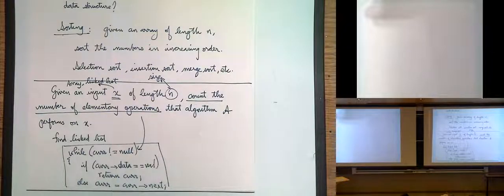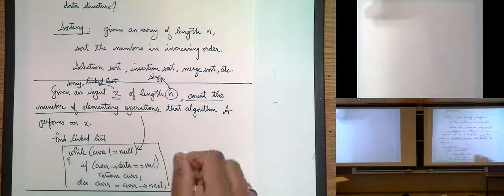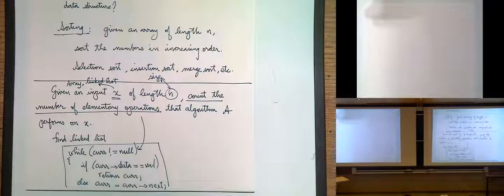Maybe, yeah? n times 3, or at most n times 3. It could be faster. If you're lucky, maybe it'll do it in 10 operations if the element you're trying to find is at the beginning of the list, right? So it's a little hard to pin it down exactly. But you can say it's going to be at most, I don't know, n times 3 or n times 4.